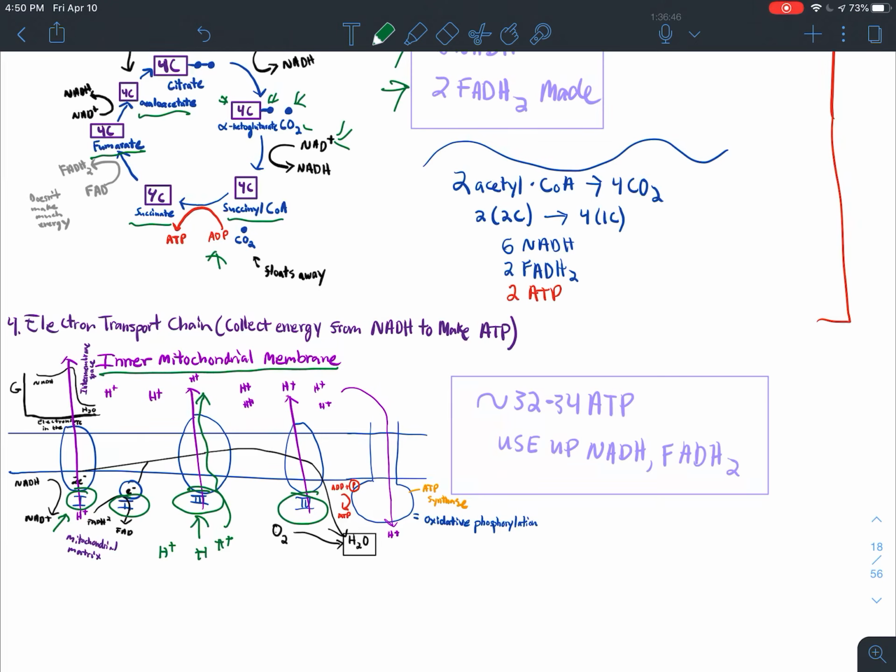At the same time, the intermembrane space is being filled with more and more H plus protons to create a concentration gradient. The hydrogen protons want to go back to the mitochondrial matrix. Just think of the intermembrane space as having a higher concentration compared to the matrix.